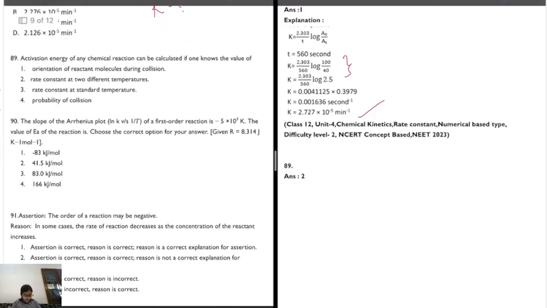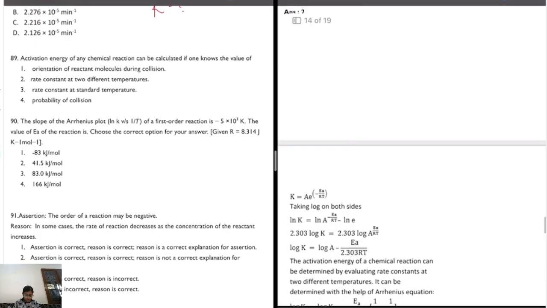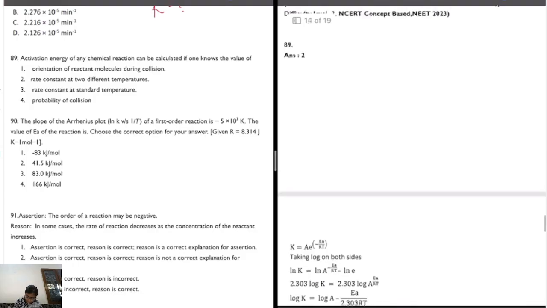In the next question, the activation energy of any chemical reaction can be calculated if one knows the value of... Okay, see, in our formula, that is our Arrhenius equation, k equals A e to the power minus Ea by RT. Then it will become ln k equals ln A minus Ea by RT.